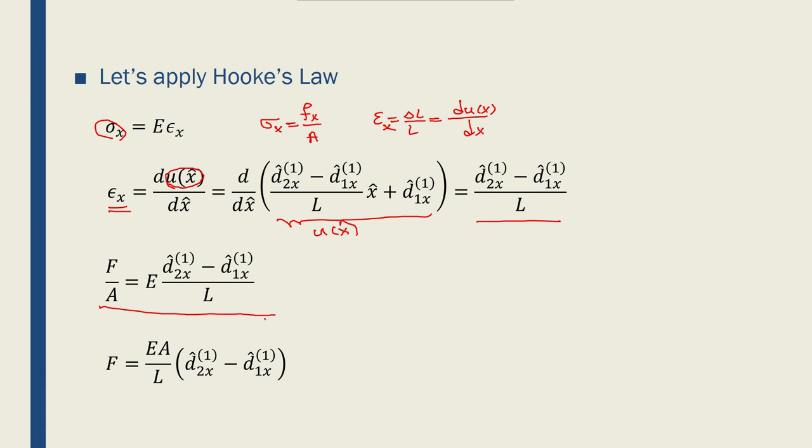This would be our new equation, and if we rearrange it, we will end up with this final equation. Now, this is force, this is displacement, it could be delta, it could be delta x, and this is the stiffness of the truss element that we found for a single truss element.